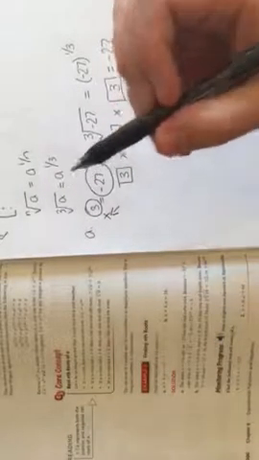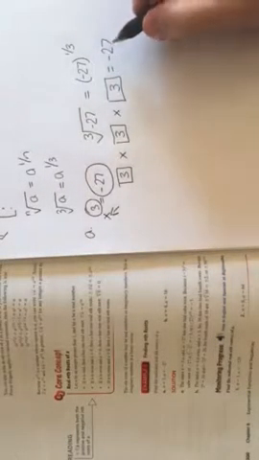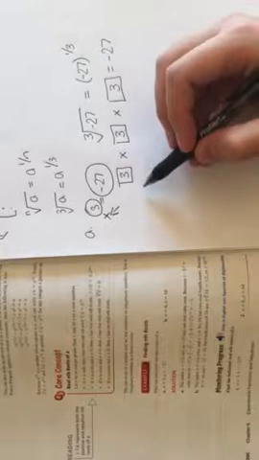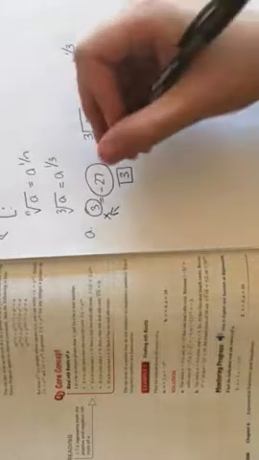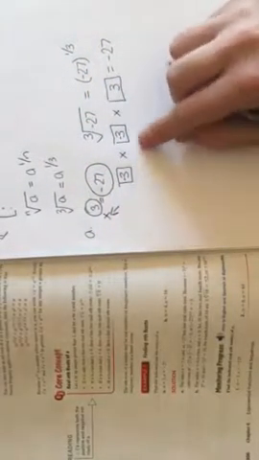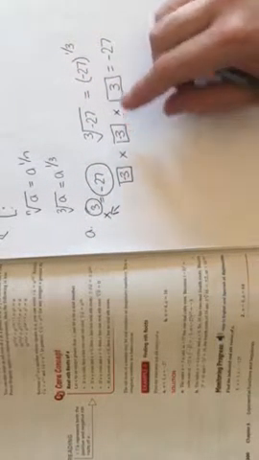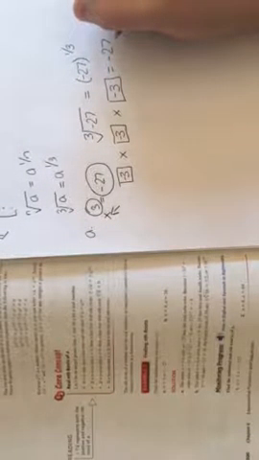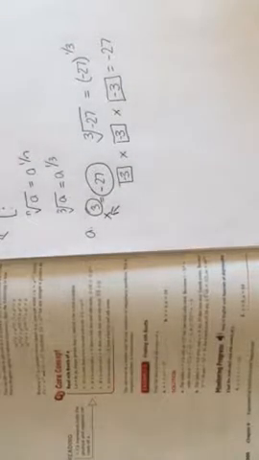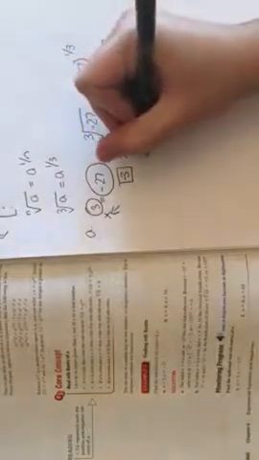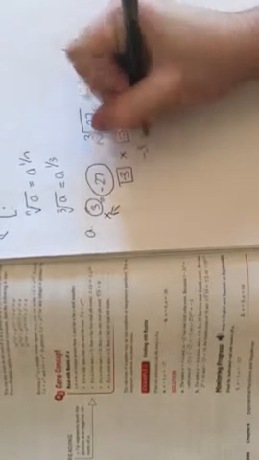Let's not forget about our negatives. We have an odd number, right? That's important because a negative times a negative is going to give you a positive. However, we have our third negative, so that ends up giving us negative 27. So our answer for that is negative 3.